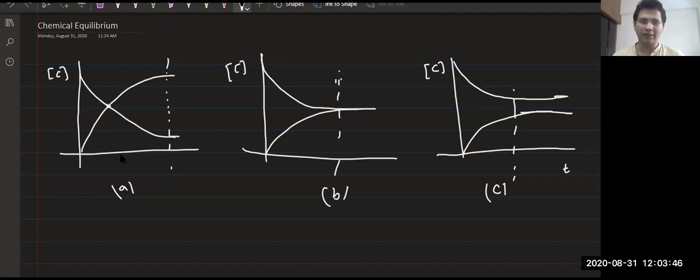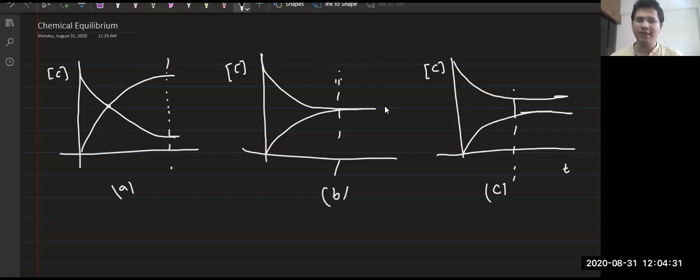In the first reaction A, the concentrations of reactant and product are equal at a point which is before equilibrium. Yes or no? Now the second graph: at equilibrium, the concentrations of both reactant and product are equal, because they have the same concentration.